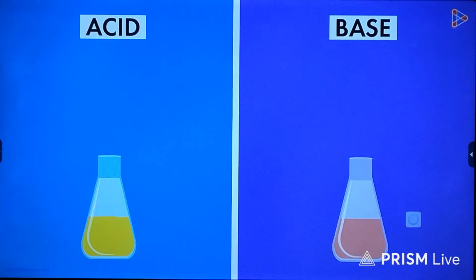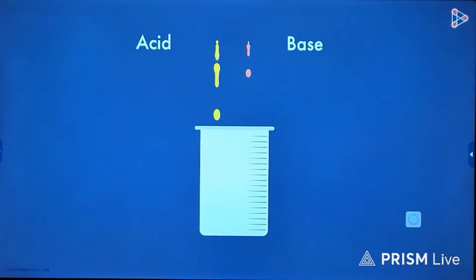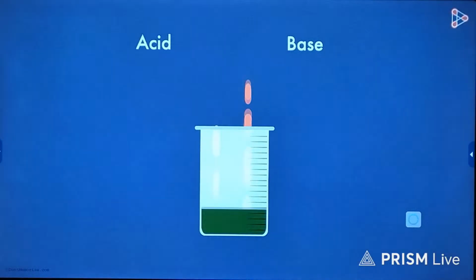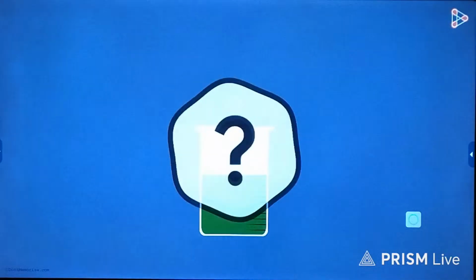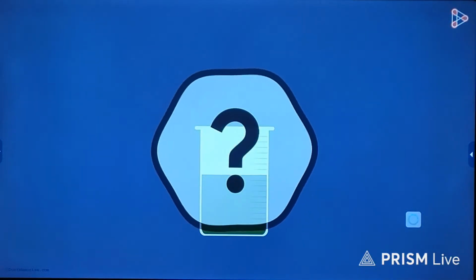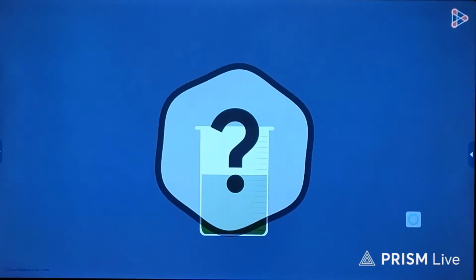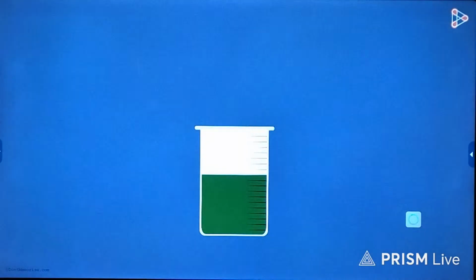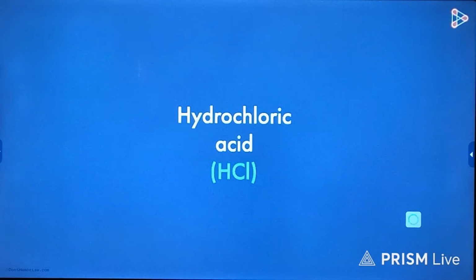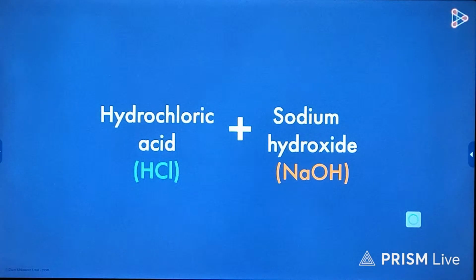That was about acids and bases in general. Now, can you tell me what will happen if an acid and an alkali, as in a base, come together? Will the solution explode? Will it give an unexpected reaction? Or something else? Well, it is something that we already know. Imagine we mix a strong acid like hydrochloric acid with a strong base like sodium hydroxide.